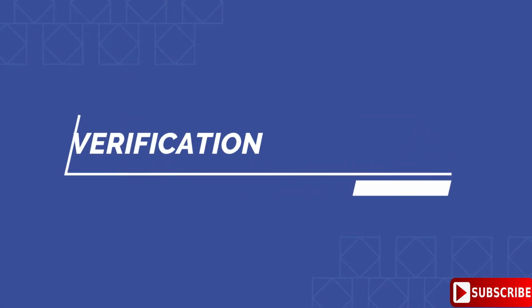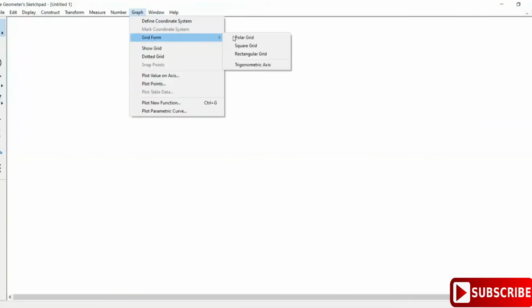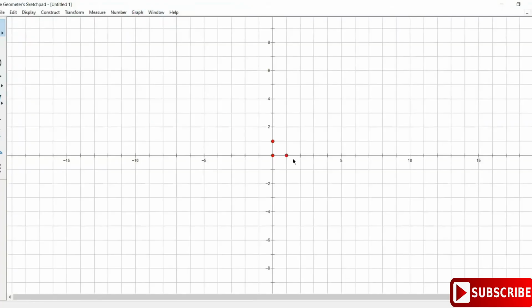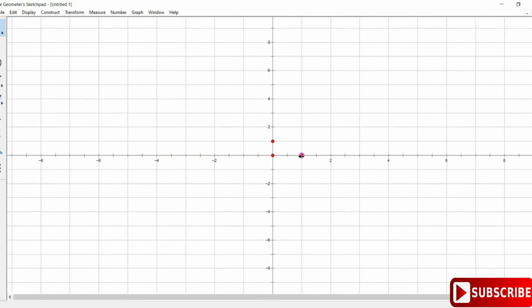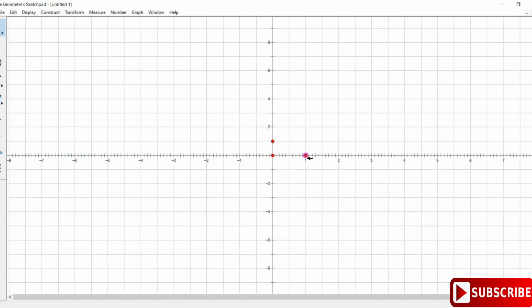All right, so here's our sketch. We want to make sure we go to our graph, rectangular grid. Let's change the axis a little bit because we're going to need 14 over 9, which is some fraction.